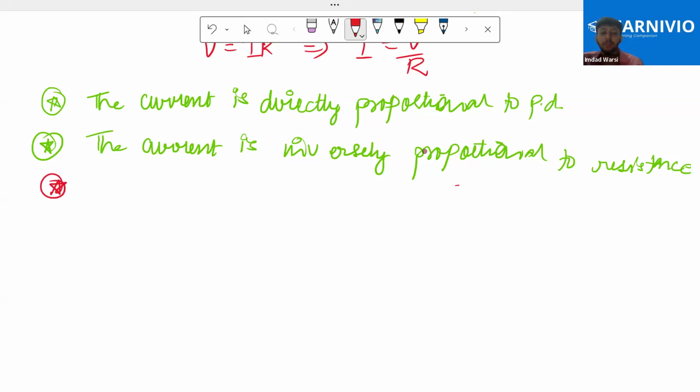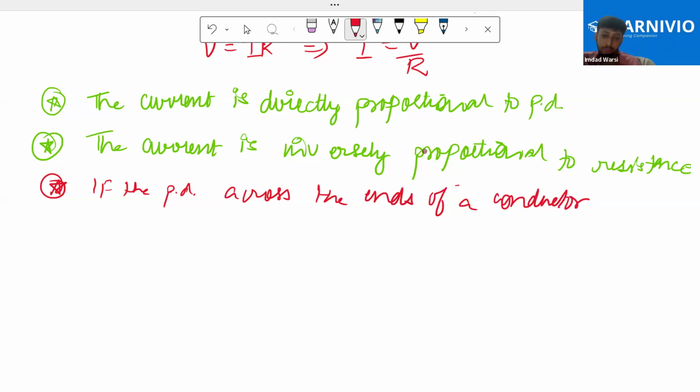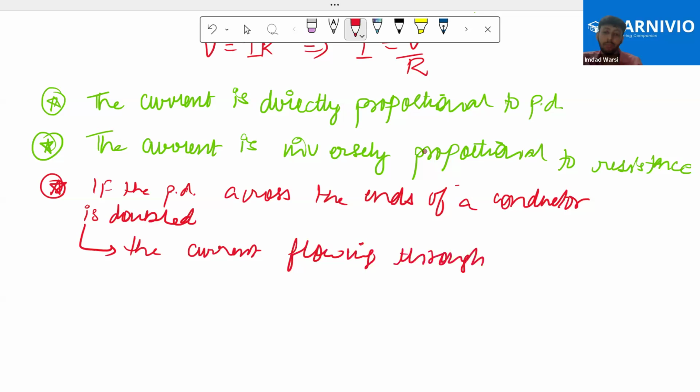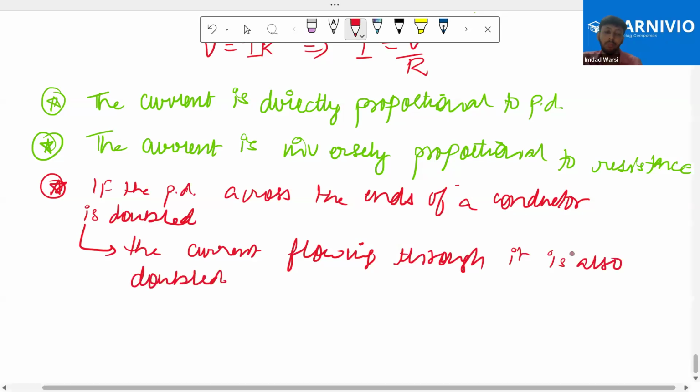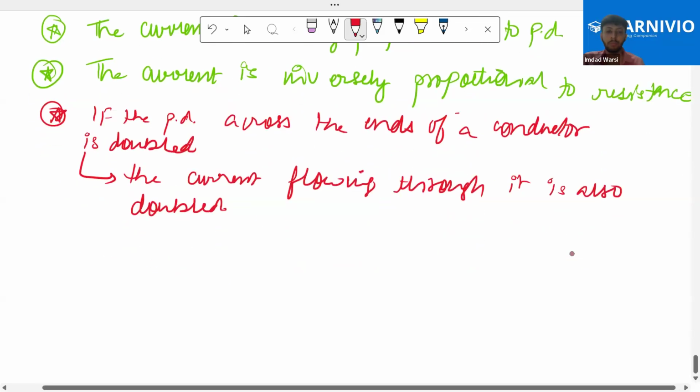Point number one: if the potential difference across the ends of a conductor is doubled, the current flowing through it is also doubled.